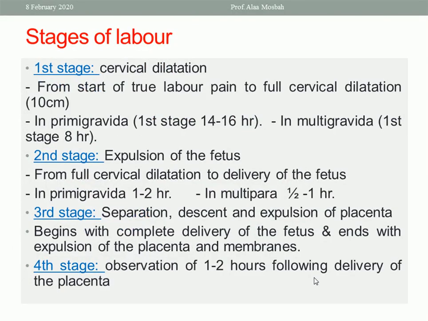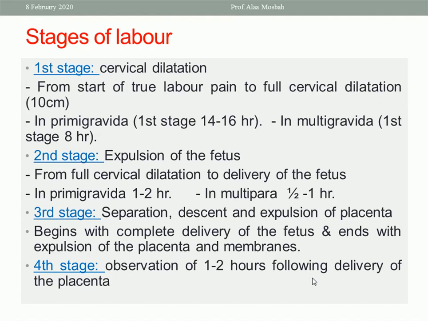Let us go to stages of labor, which is the main core of our lecture. Stage 1, 2, 3, and 4. Stage 1 is the stage of cervical dilatation from the start of true labor pain to full cervical dilatation, which is 10 cm. Primigravida is different than multigravida.